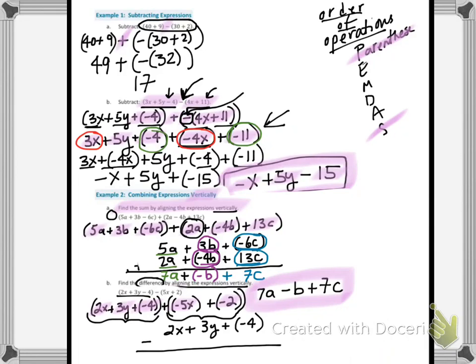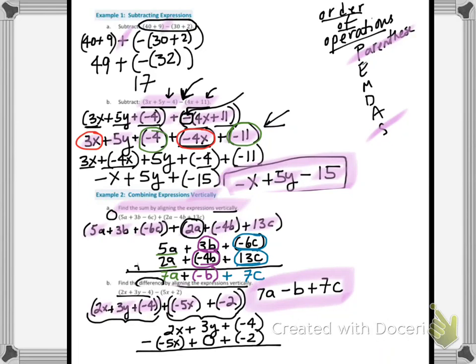And then we have negative 5x and plus, there's nothing here because there's a 0 as a placeholder, plus negative 2.